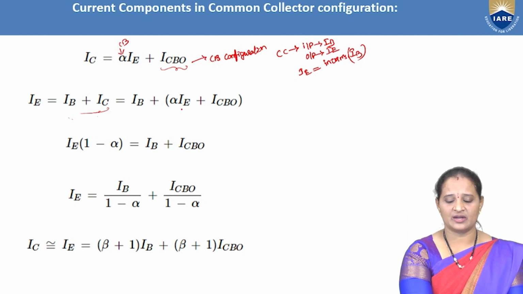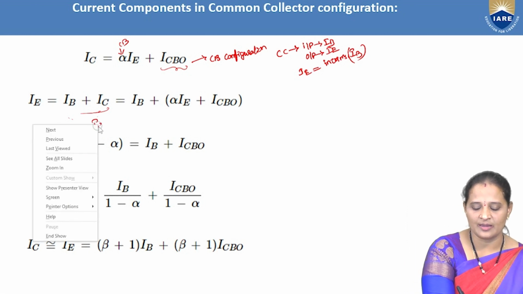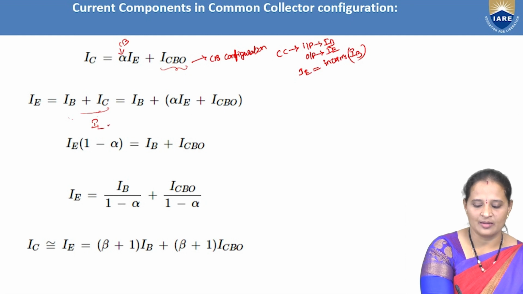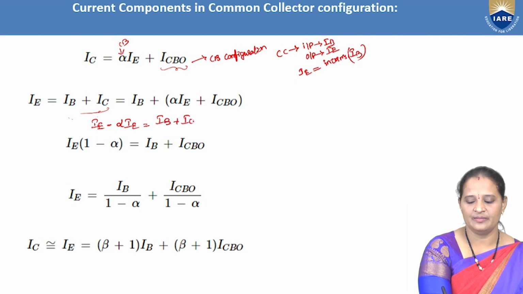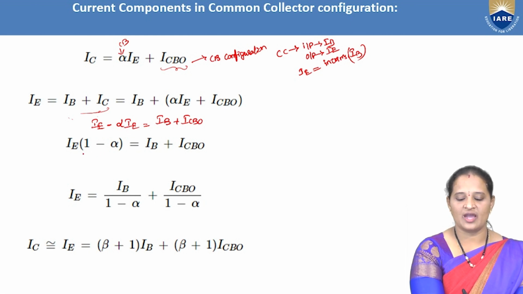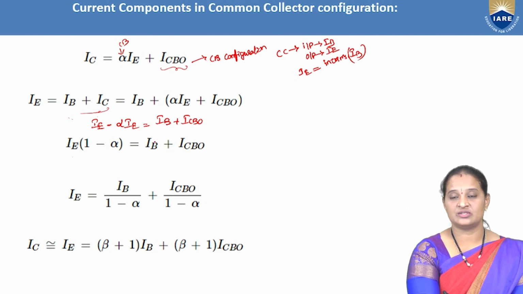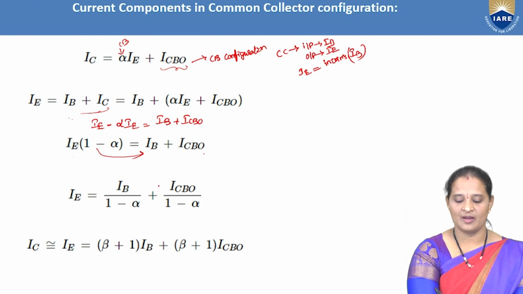Now take the IE term to this side: IE - alpha IE = IB + ICBO. Taking IE as common, IE(1 - alpha) = IB + ICBO. Now send this term to the other side, then IE = IB/(1 - alpha) + ICBO/(1 - alpha).